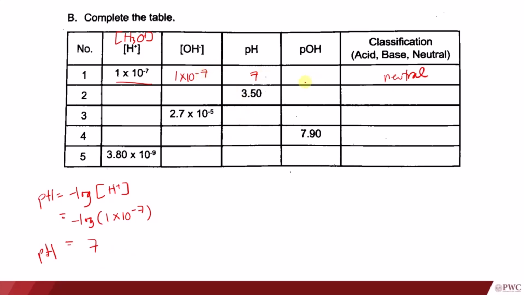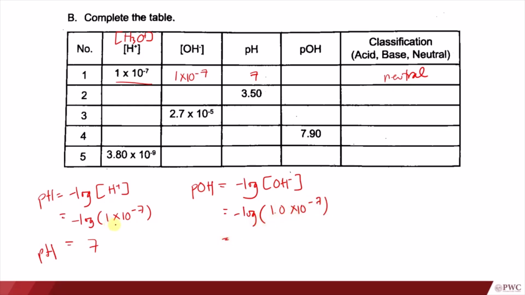So the pH for this one is 7. And then we also need to find out the pOH. The pOH depends on the OH minus concentration. So again, the pOH is very similar to pH, but instead of H plus, the basis will be the concentration of the OH minus or the hydroxide ion concentration. Here our concentration is 1.0 times 10 to the power of negative 7.